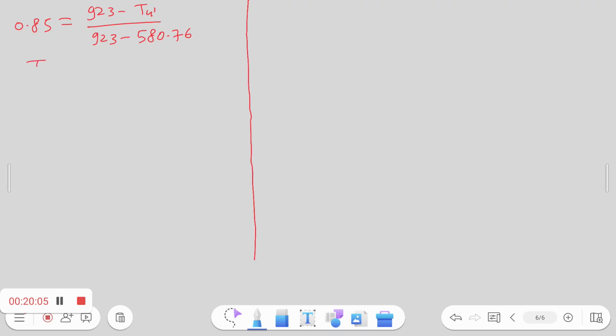So from this, T4 dash is equal to, calculate T4 dash. T4 dash is 633.79 Kelvin, degree Kelvin. Okay.